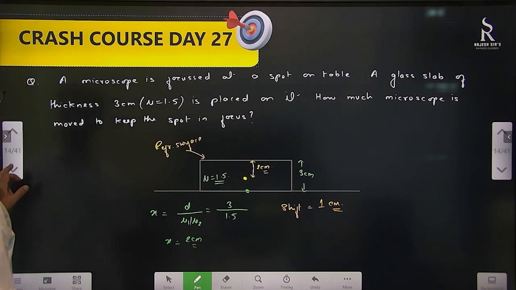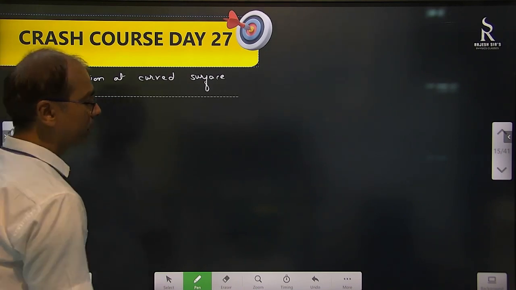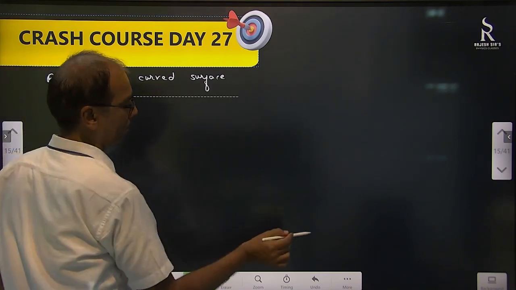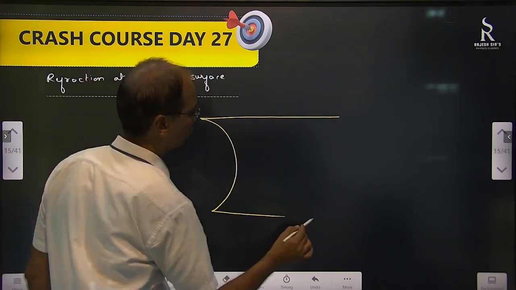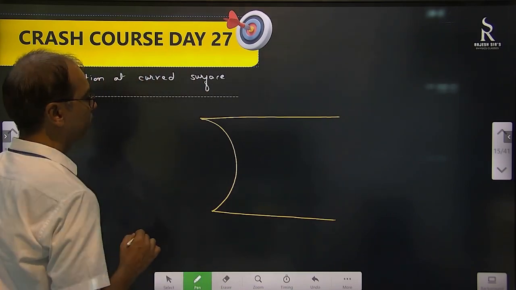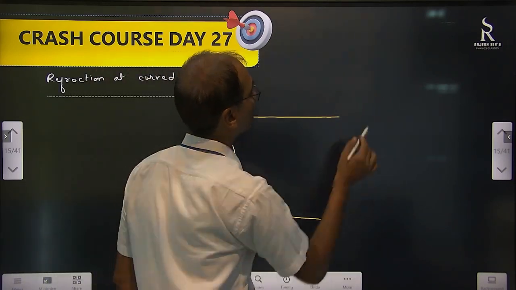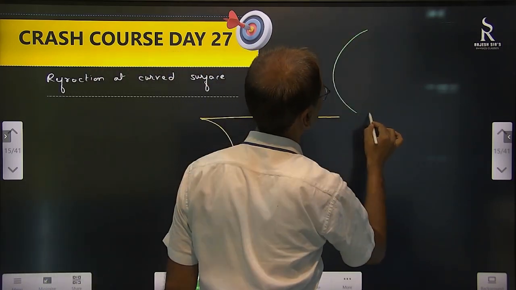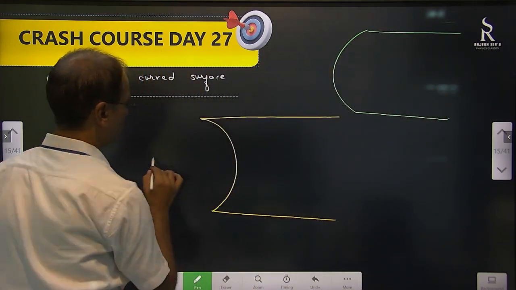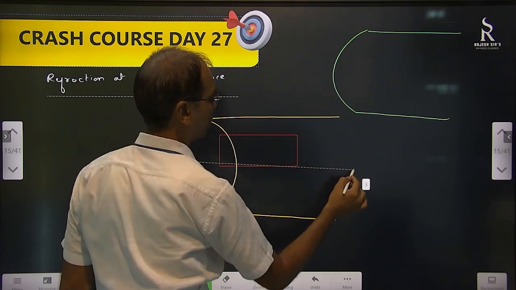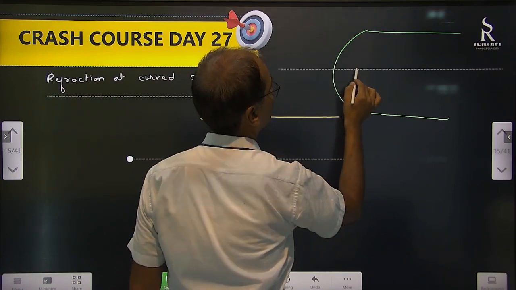Okay, then refraction at curved surface. First we'll talk about a single surface. Single surface is like this. This is a concave surface, and similarly there will be a convex surface also. Convex surface will be like this. Principal axis here, principal axis here.